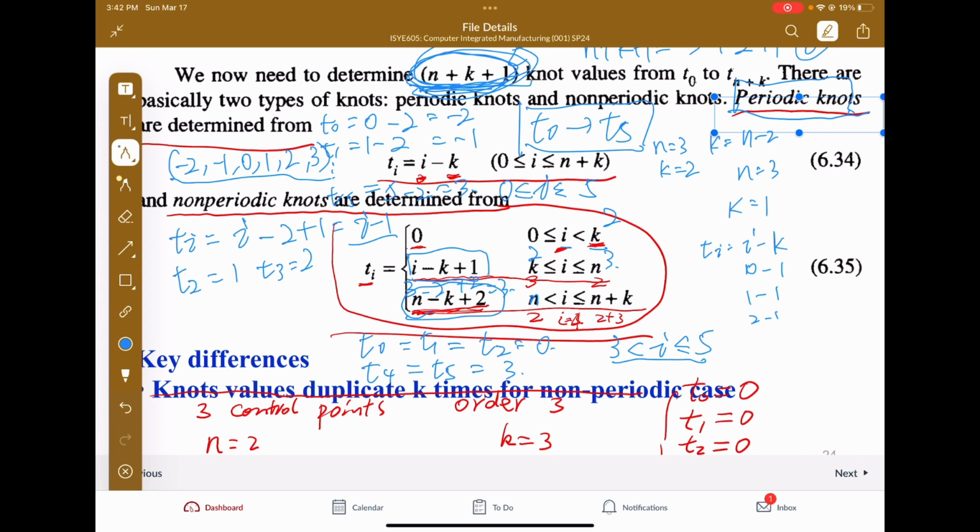To summarize, the whole knot values from t0 to t5 will be 0, 0, 0, 1, 2, 3, 3, 3. So this is the final result for the non-periodic knots.